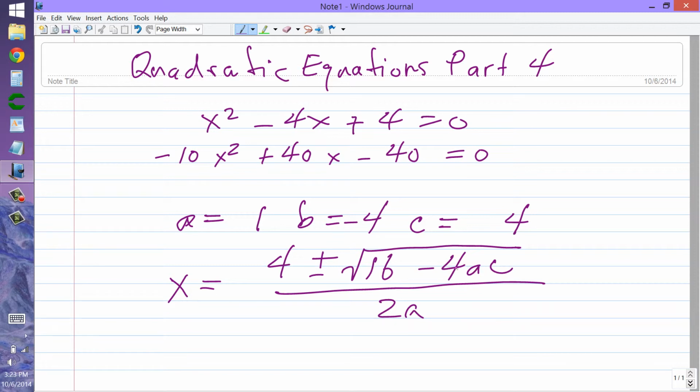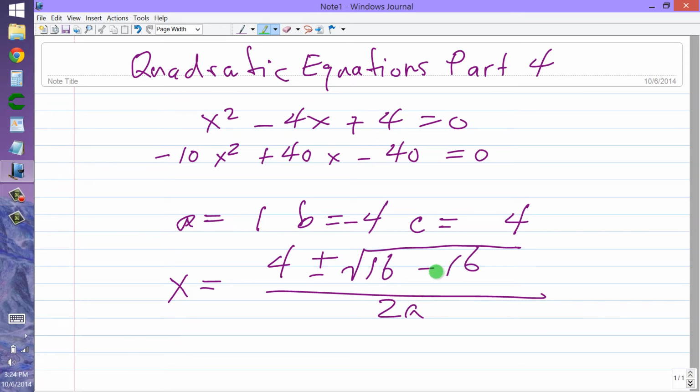What is 4ac? 4 times 1 times 4. That's 4 times 4, or 16. Oops, well, we'll get that back. 16 minus 16. Aha! That quantity, the discriminant, right there, under the square root sign, is 0.